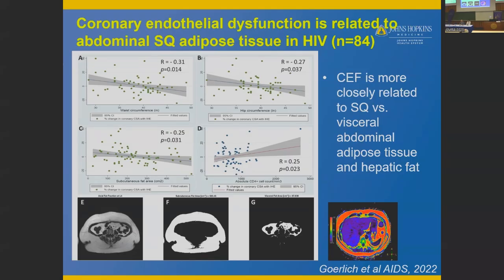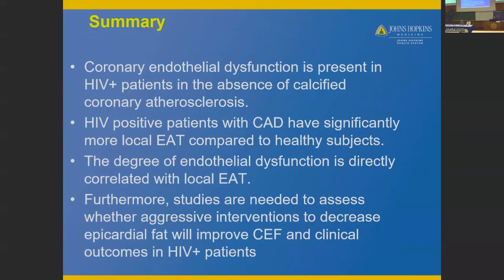And basically what we found was that coronary endothelial function was more closely related to subcutaneous fat, which was very surprising to us. But there are other translational studies showing that subcutaneous tissue in HIV is much more metabolically active than in patients without HIV. So we also showed that it was related to CD4 count, but not related at all to the type of antiretroviral therapy that they were receiving.